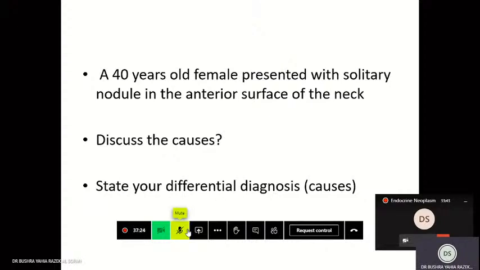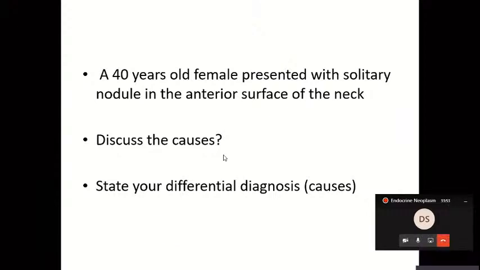Lymph node in the thyroid. How do you know this mass arises from the thyroid? Because it is located at the anterior surface of the neck.